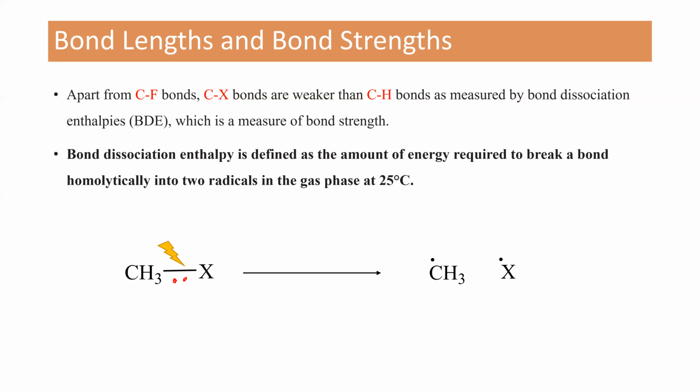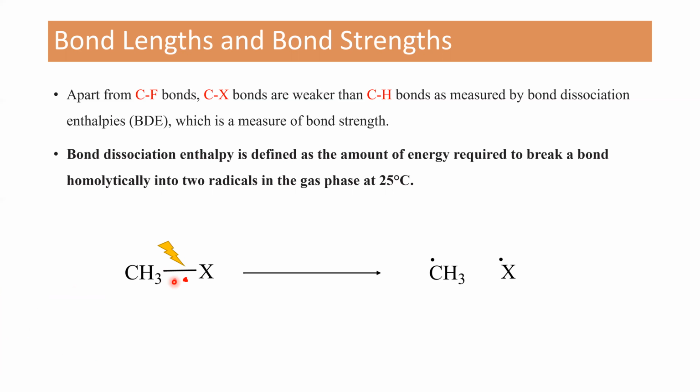Each electron is shared with each of the atoms forming the bond, because that is a covalent bond. This is not an ionic one. In a covalent bond, this is through mutual sharing.